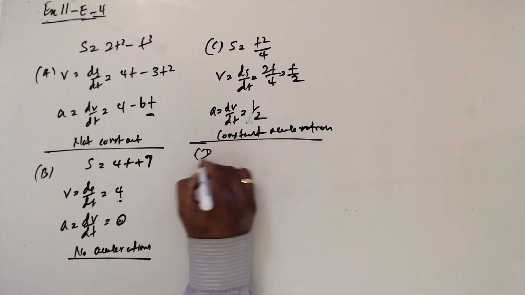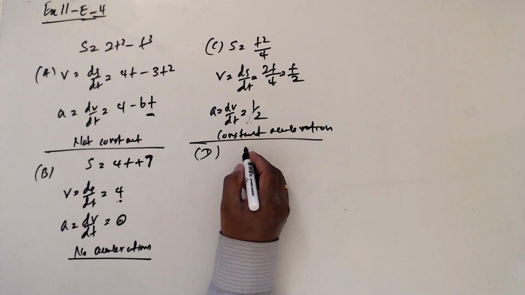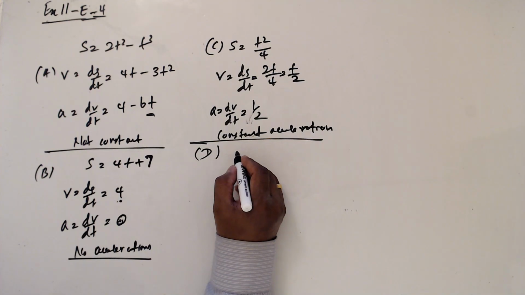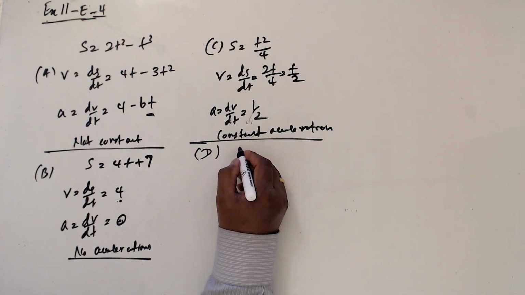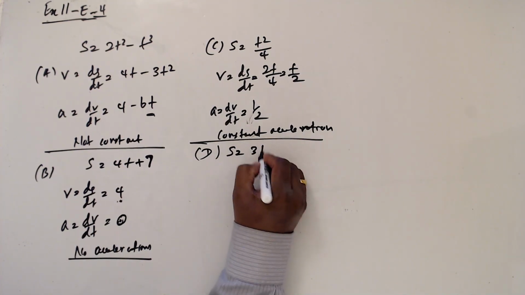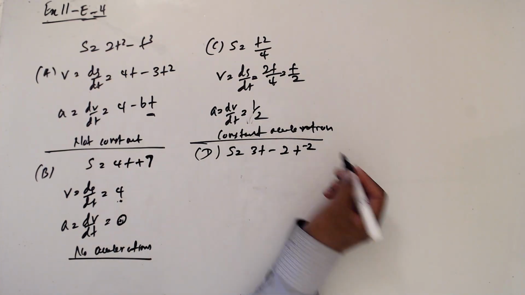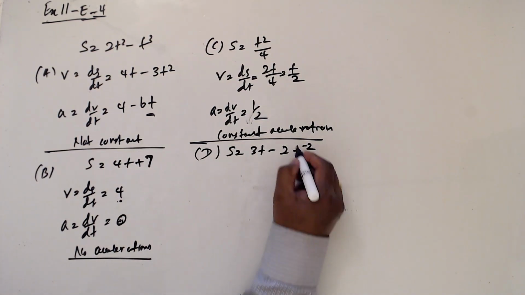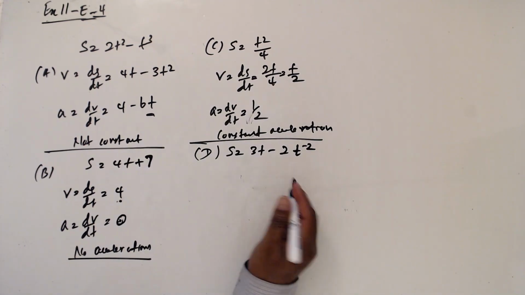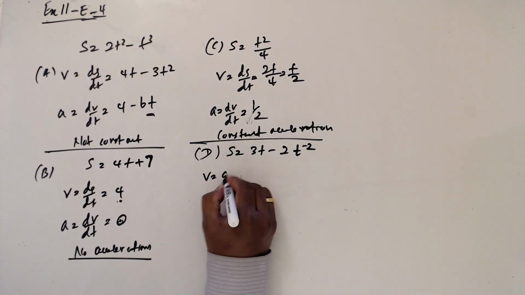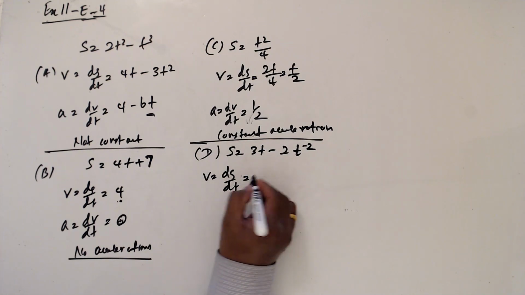Part D, s equals 3t minus 2t minus 2. I wrote it as a power. So v equals ds over dt, we will differentiate.